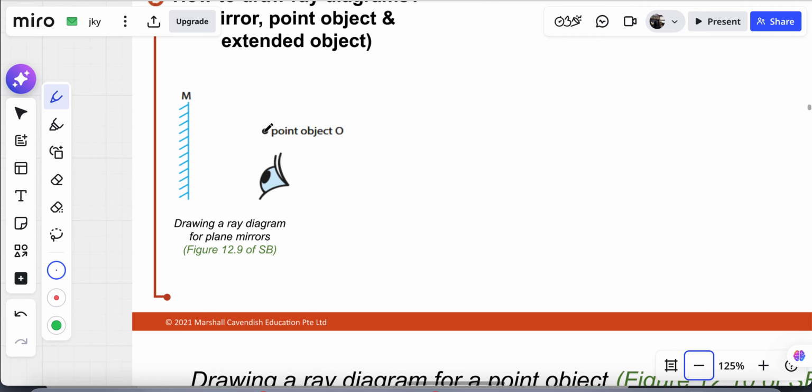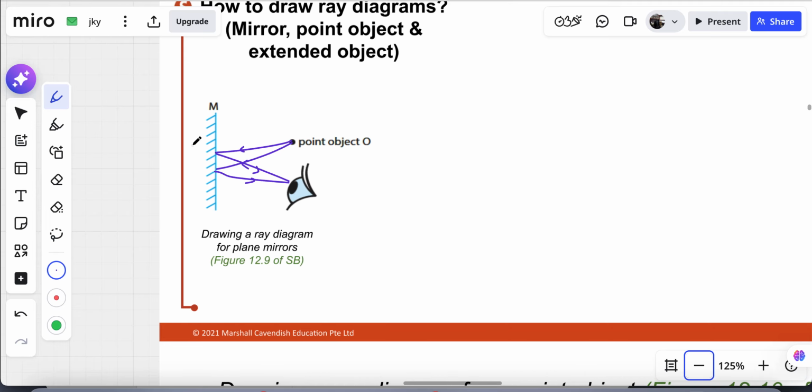So you know the object will reflect light to this place, right? Light incident here will be reflected towards your eyes like this. It will be reflected to your eyes.